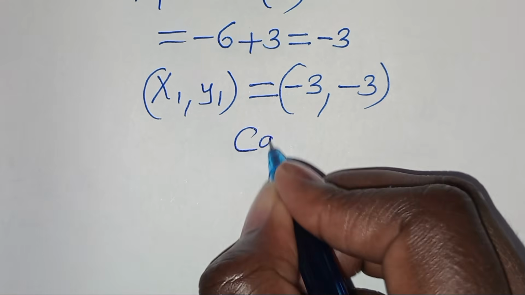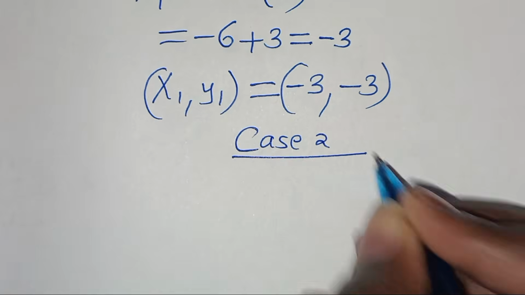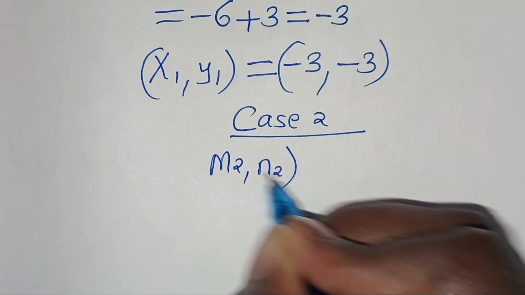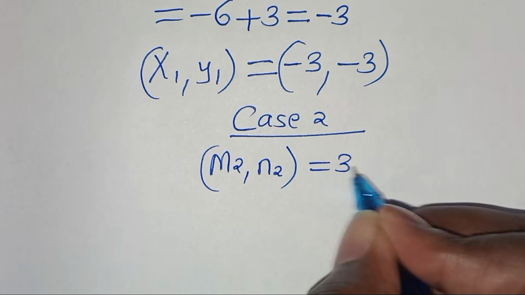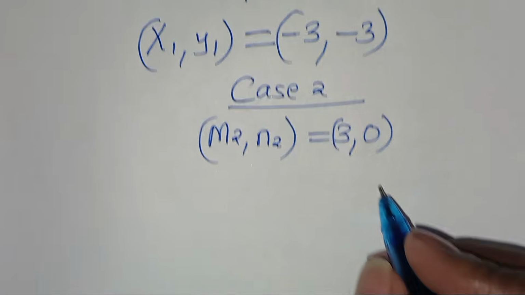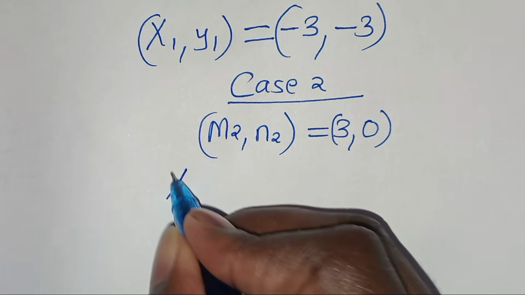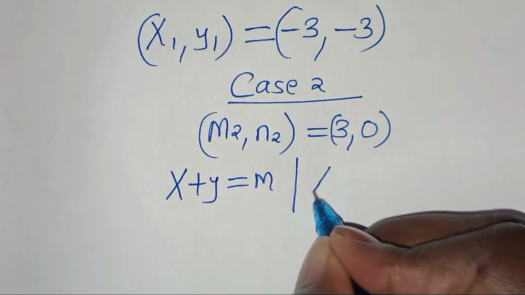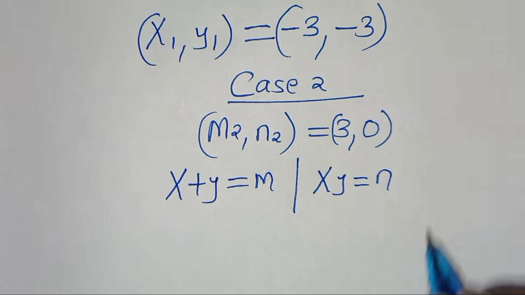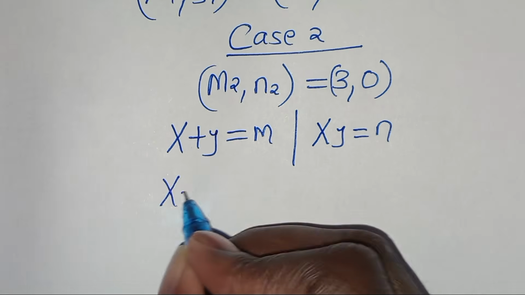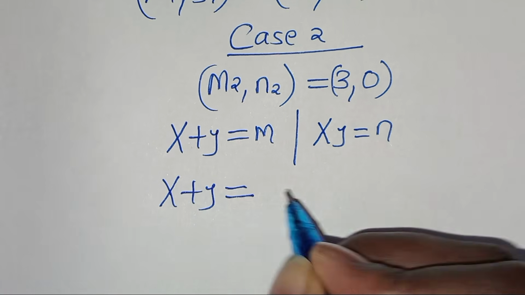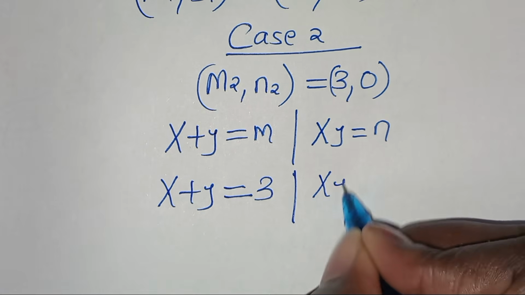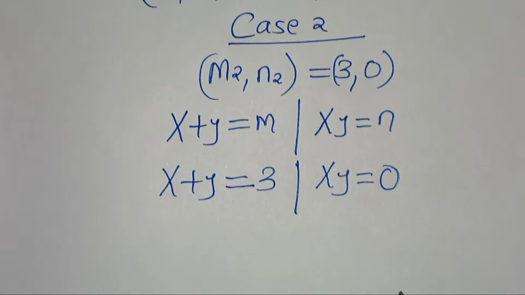Now in case 2, we have m2, n2, equal to 3, 0. And again, if you recall, we have x plus y equal to m, and x times y equal to n. So x plus y is equal to m, which is 3, and we have x times y equal to 0.